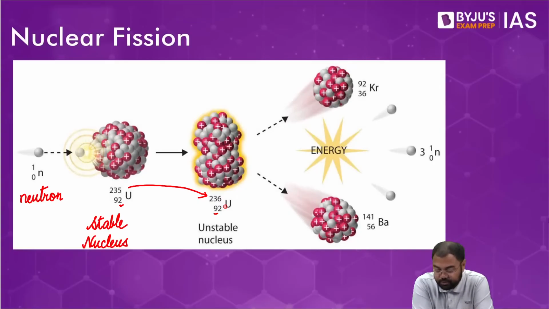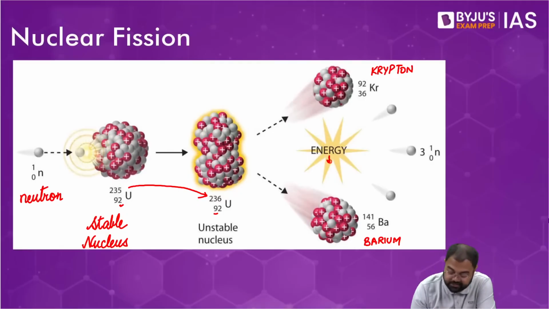It breaks into two parts, barium and krypton. So you have krypton here and you have barium. Now, what we see in this particular scenario is that an enormous amount of energy is produced, a huge amount of energy.